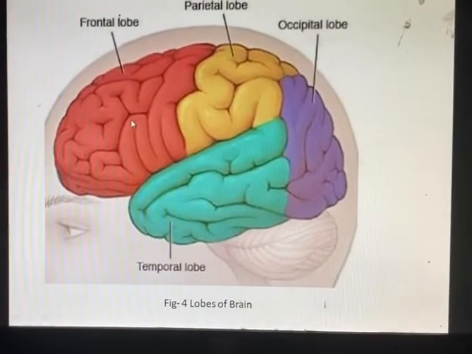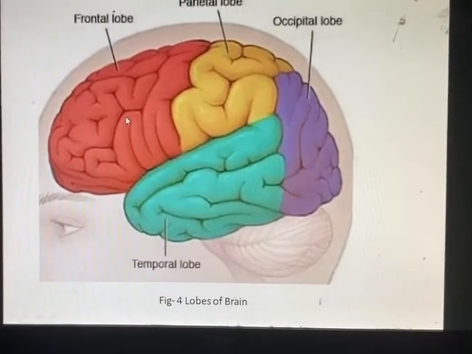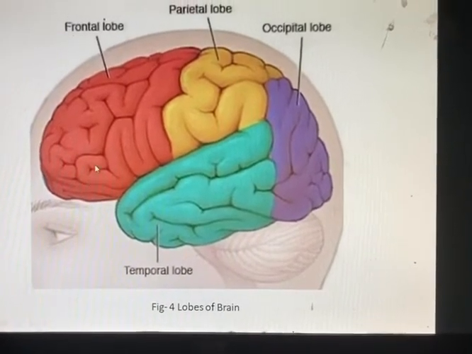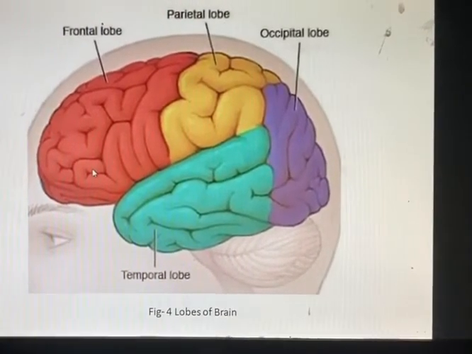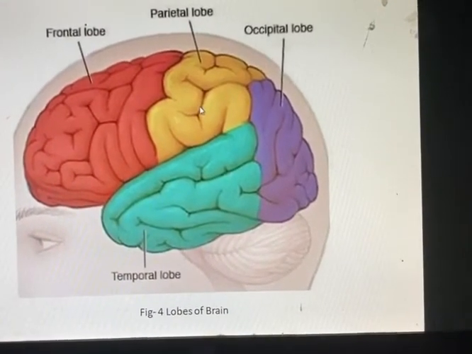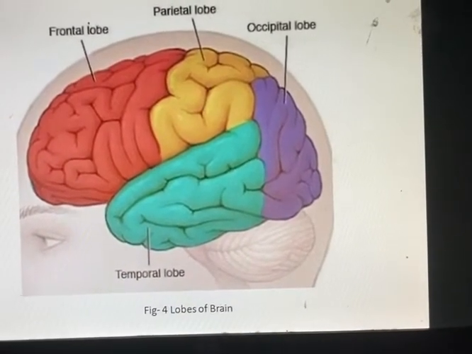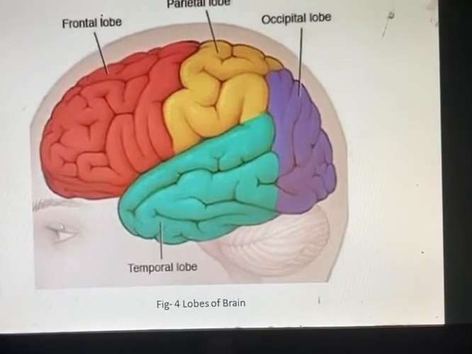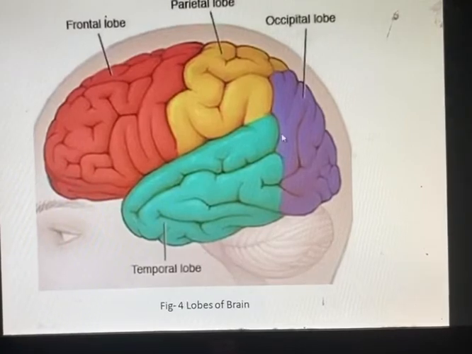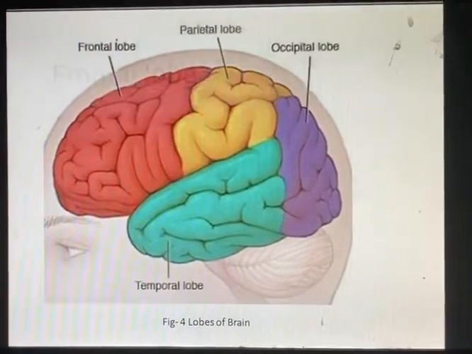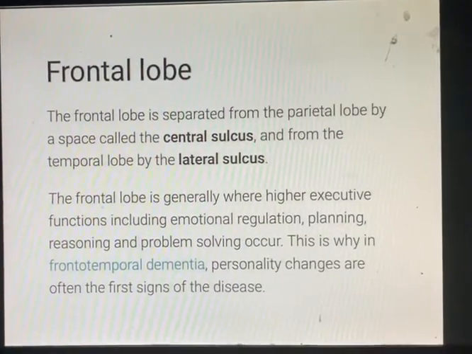Here, one frontal lobe situated in front of your face, at the location of your forehead, and parietal lobe just at the middle surface area, which is found in left and right locations, and 2 temporal lobes and 1 occipital lobe. Let's know about the different lobes, their functions and locations.